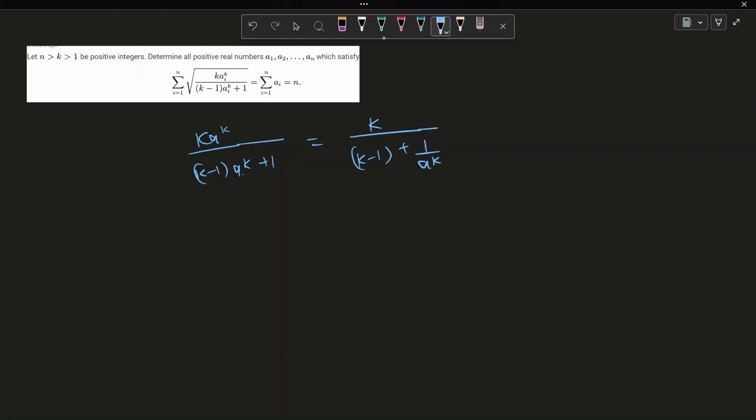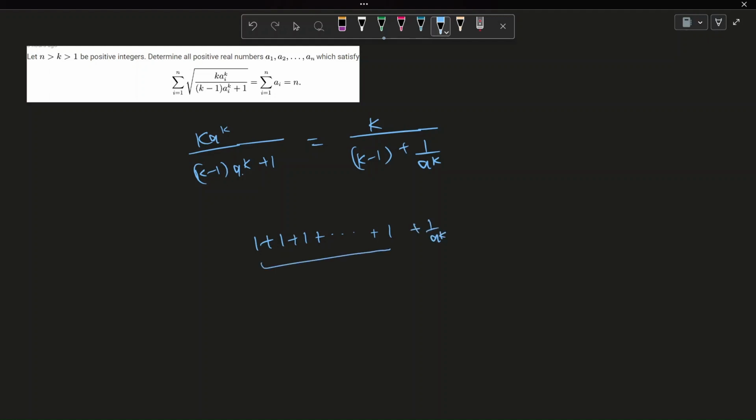Okay, now what we do is we apply AM-GM to the denominator. How will we apply? This k minus 1 we will write as 1 plus 1 plus 1 plus 1, and this is k minus 1 times, plus 1 upon a power k.